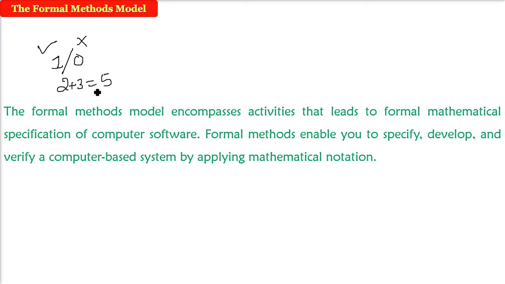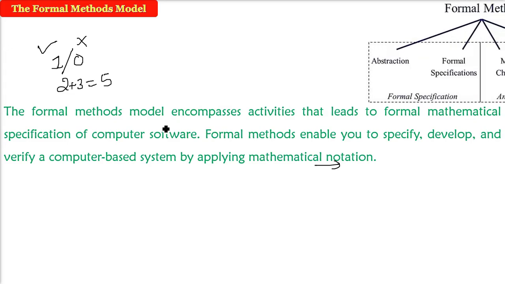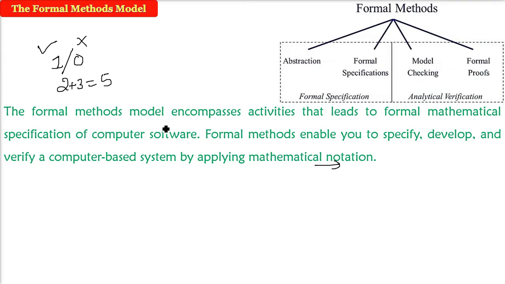So you use the formal mathematical specification to write the requirements, the design, everything, to make a software. Formal method is all about specifying, developing and verifying a computer-based system by applying mathematical notation, as I just suggested. It can be any kind of mathematical notation, symbol notation, or some algebra notation.